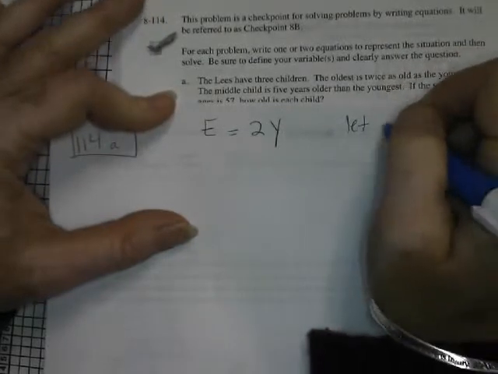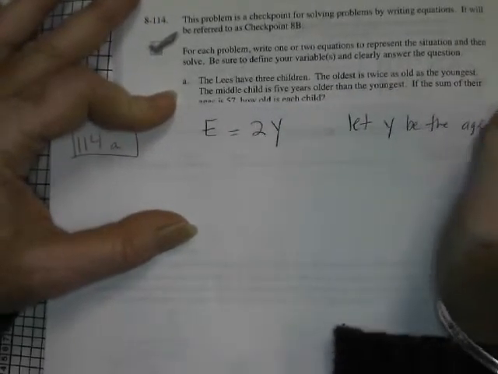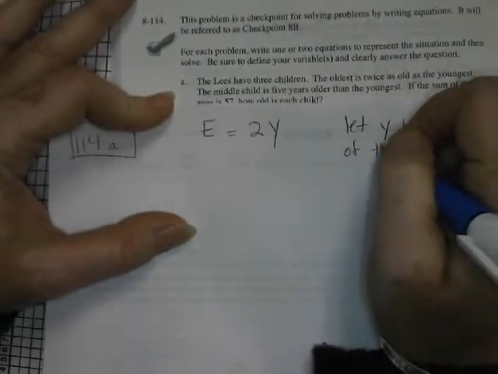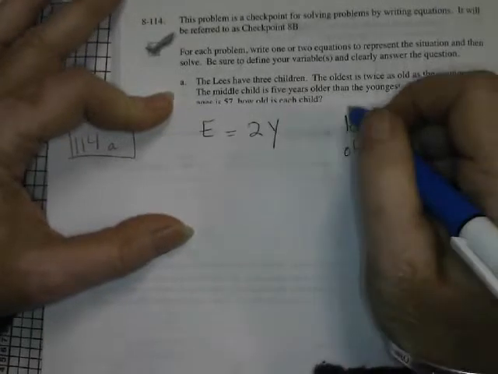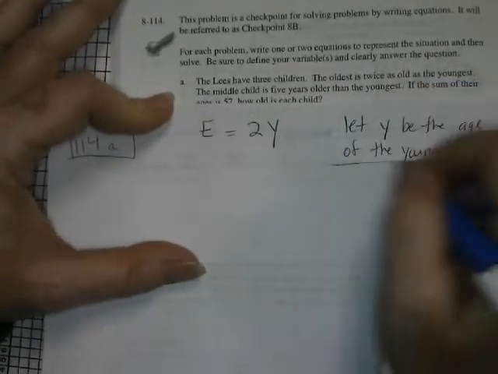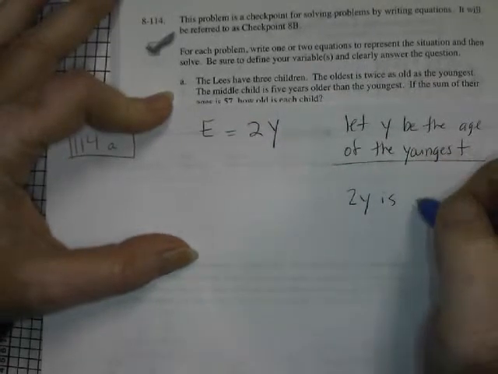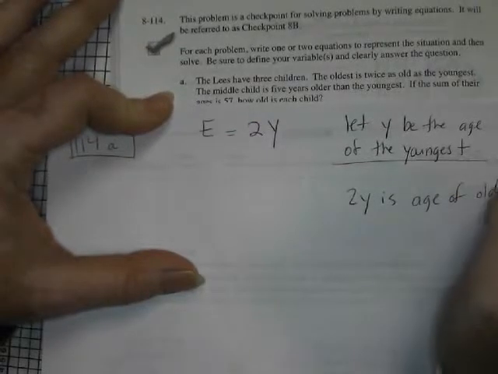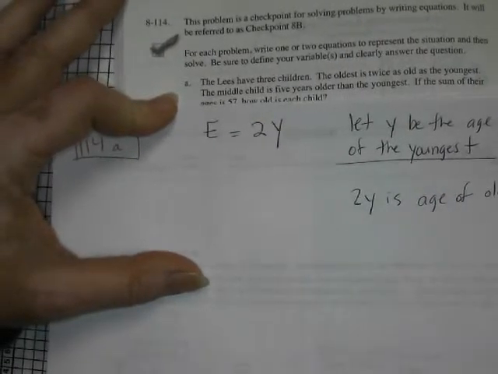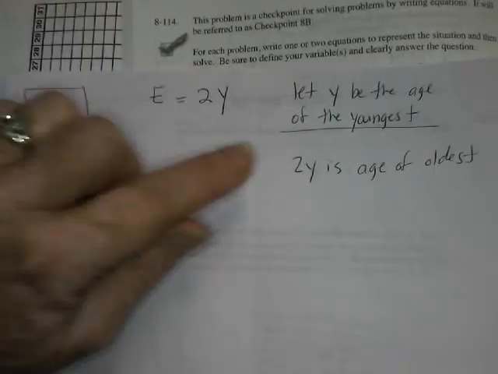I can say let Y be the age of the youngest. And if Y is the age of the youngest, then 2Y is the age of the oldest. Does that make sense so far? So I don't have to use the letter E, I can just use the letter Y.